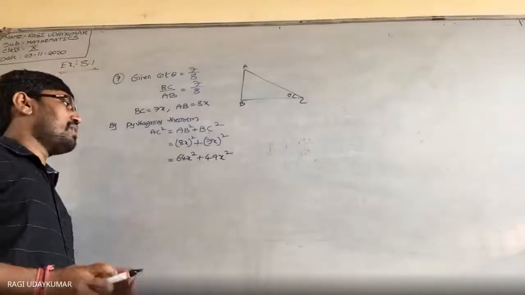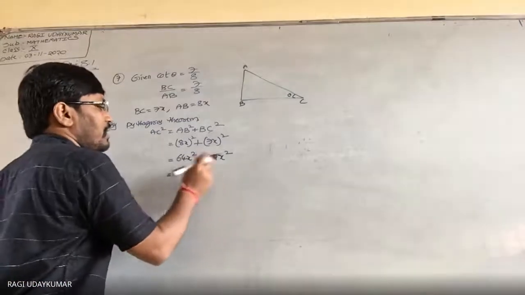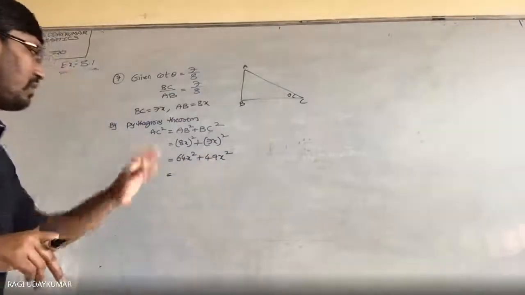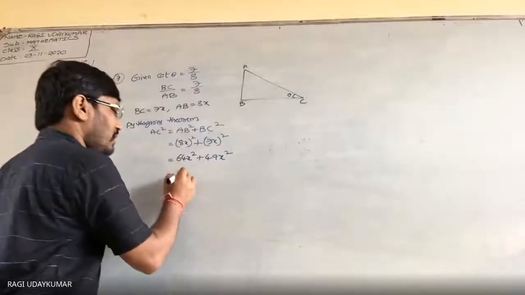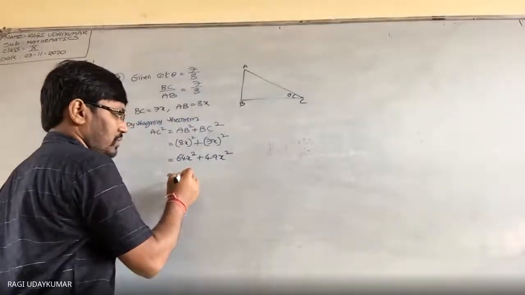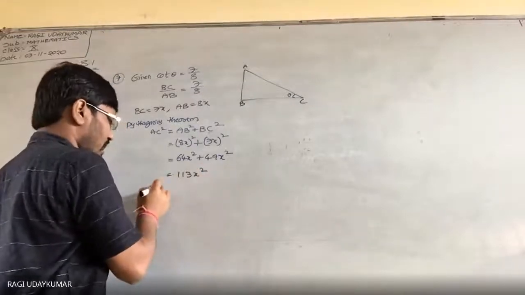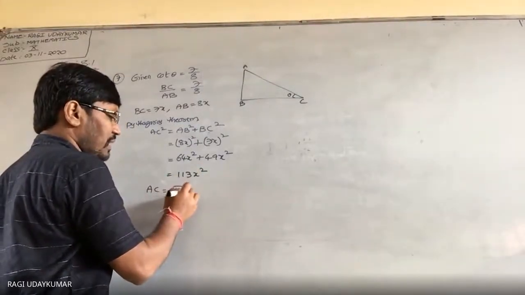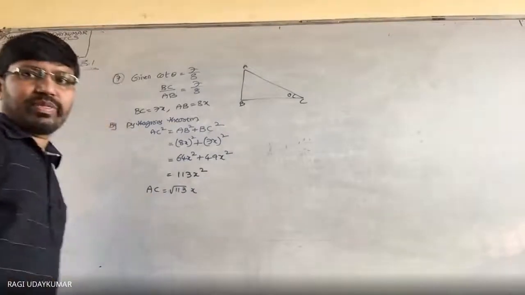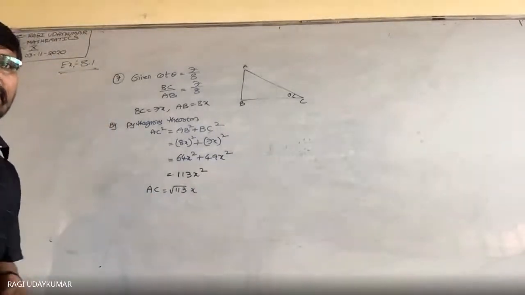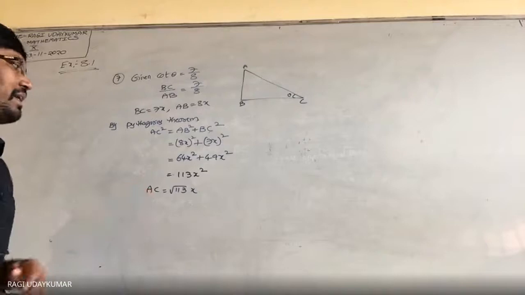So now from this, 49 plus 64 is 113x square. So AC square is 113x square, AC is equal to under root of 113x.